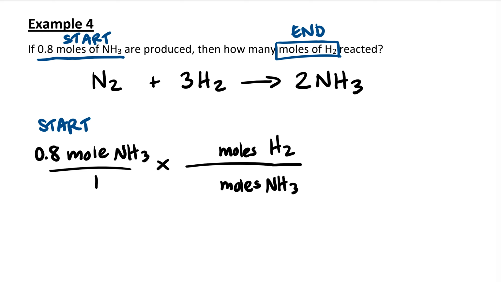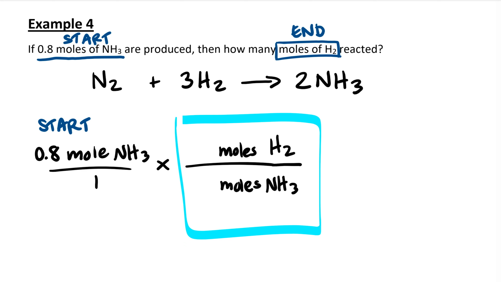And then I've got moles over moles. That is what we call a mole ratio. Where do I get the numbers for a mole ratio? That's right, the coefficients. So I go to my balanced equation, and I look for the coefficient of the hydrogen. It is 3.